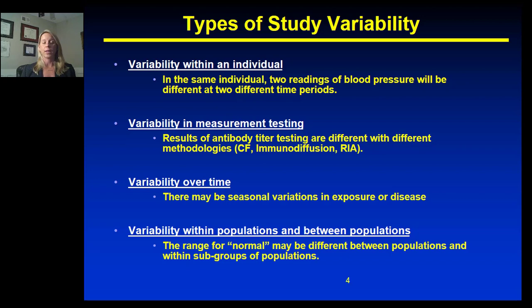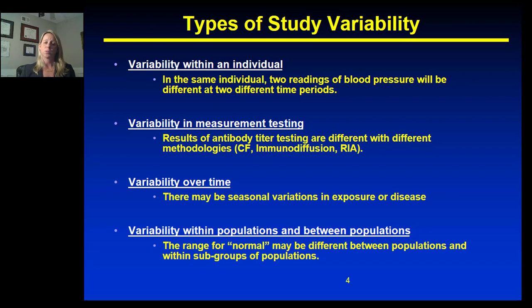If it's of a certain length of time, there may be changes insofar as seasonal variations with relationship to the exposure or the disease. We also have variability over time in a cohort, what's called a cohort effect, where data collected over, say, multiple decades can vary due to different patterns in the populations who are studied or how those populations are changing over time.